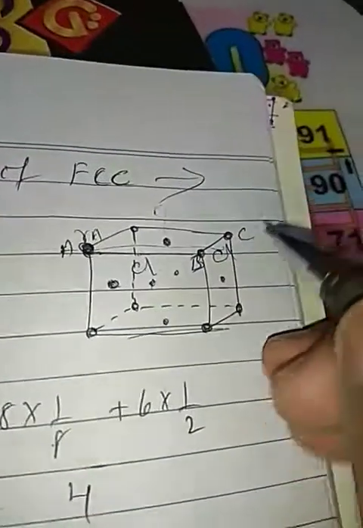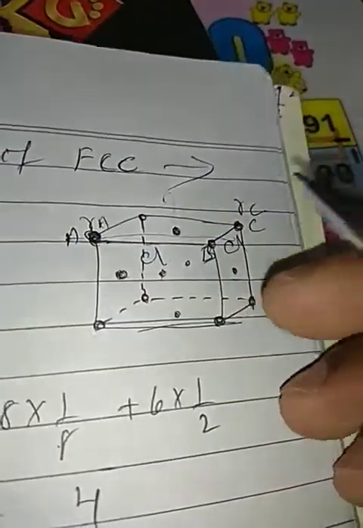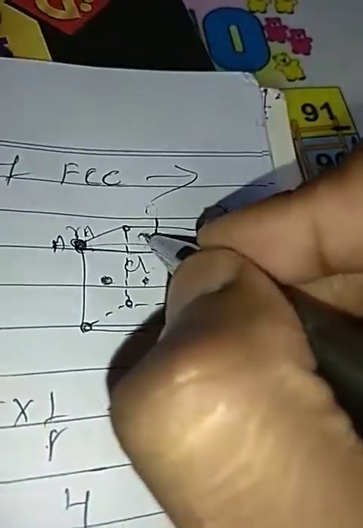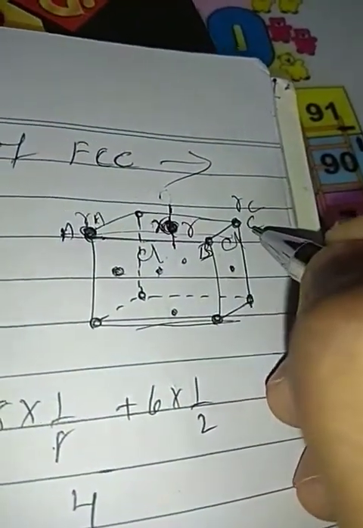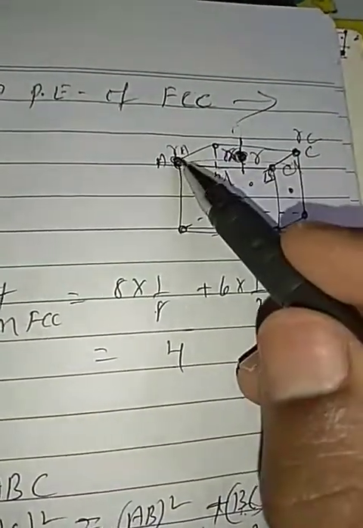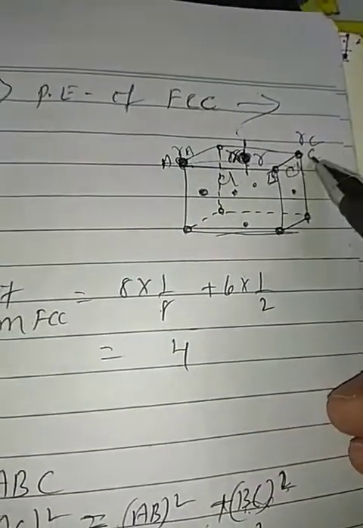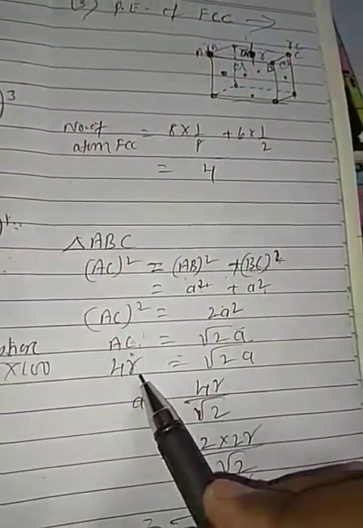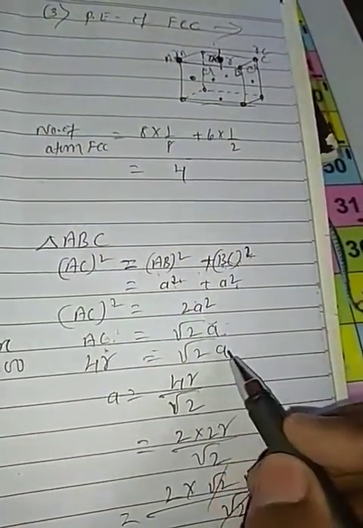Why are you using 4R in place of AC, students? Look here. How many radii? This is RA, and this is RC, the radius of C. The central atom is sharing one radius to A and another radius to C. So that's why, how many R's are there? 1, 2, 3, 4. 4 R's are in between A and C. So we are using AC as 4R.